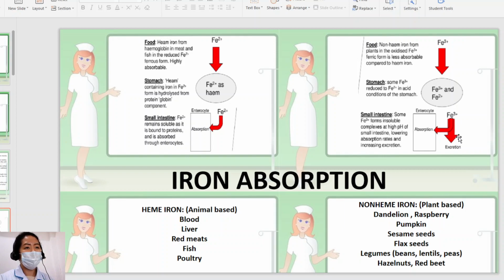Some ferric forms insoluble complexes at the high pH of the small intestine, lowering absorption rates and increasing excretion. And these are the samples of non-heme iron. So these are plant-based, like dandelion, raspberry, pumpkin, sesame seeds, flax seeds, legumes, beans, lentils, peas, hazelnuts, red beet.